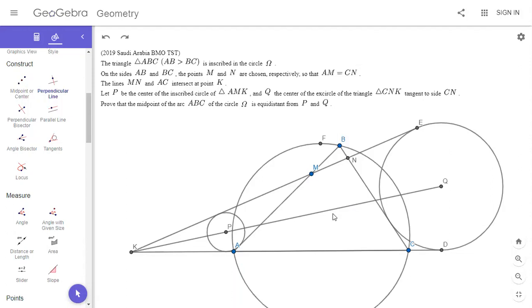Yeah, I feel like there's a shorter way. Yeah, it's so weird seeing that FM is equal to FN, but they're not congruent. That just feels so weird to me.